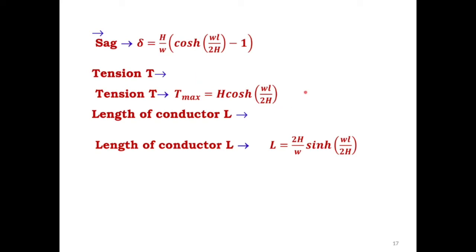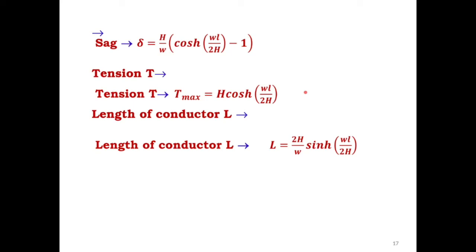The tension equation is actually T = H cosh(Wx over 2H). So that's the formula for tension, and we can calculate the maximum tension, which will be H cosh(WL over 2H). We can calculate the length of the conductor, which is 2H over W times sinh(WL over 2H).